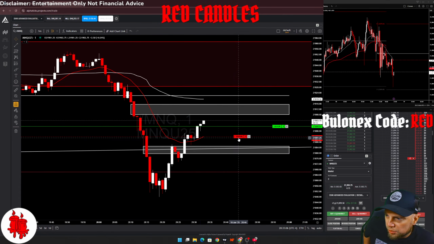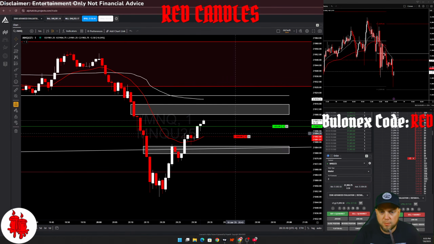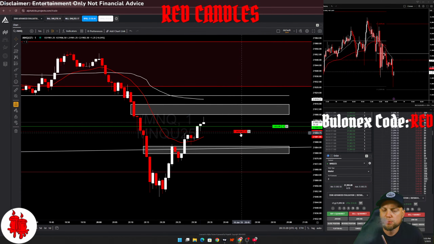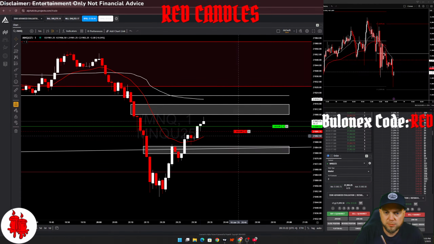Get another leg or two up, and we will trail the stop. When you're this low on drawdown, you just gotta trail each candle.